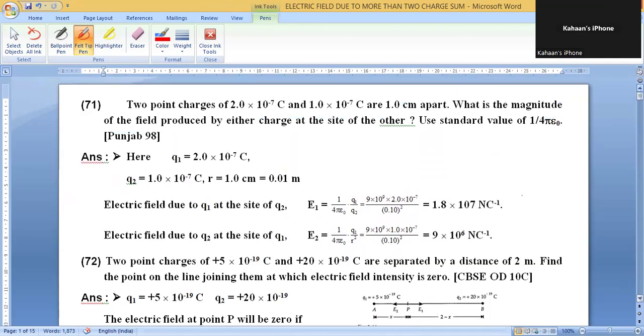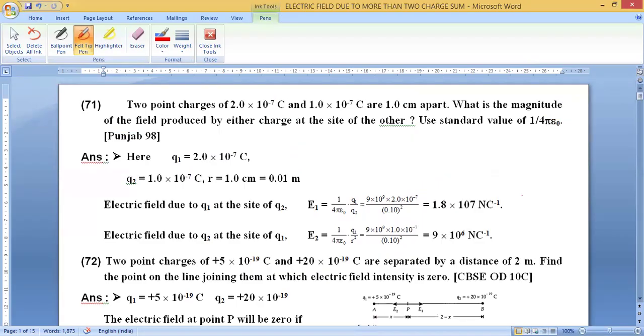First question. Two point charges of 2 into 10 raised to minus 7 coulomb and 1 into 10 raised to minus 7 coulomb are 1 centimeter apart.